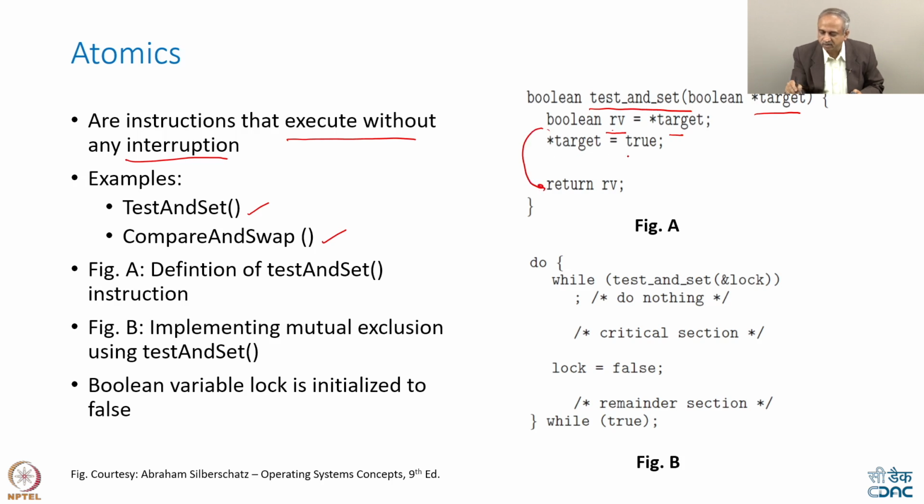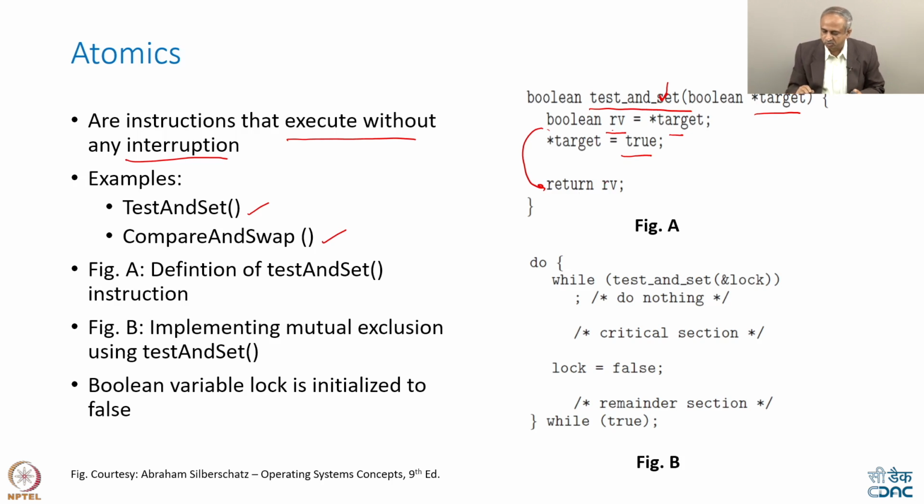However, before returning we set the value to be true, because as the name suggests, we have to not only test what the value is, we also have to set the value before we exit the function. So now there are two possibilities. Let us say the value of target was false, then it is returned as false, and if it was true, then it is returned as true. So the original value of target is returned by this function.